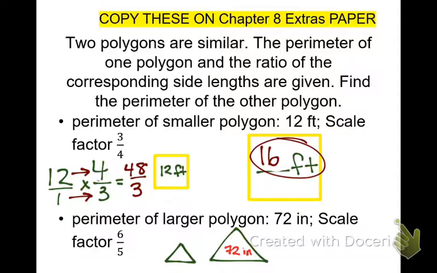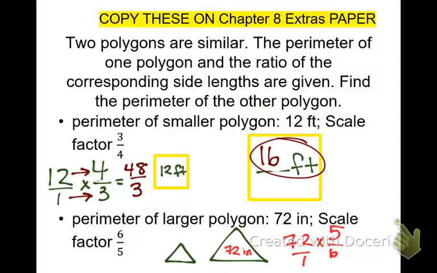So we know the scale factor is 6 over 5. So we need to use our common sense again. If I multiplied 72 times 6 over 5, would my number get smaller or larger? It would get larger. Do I want my perimeter of my smaller shape to be larger? No. So what do I need to multiply by instead? 5 over 6.